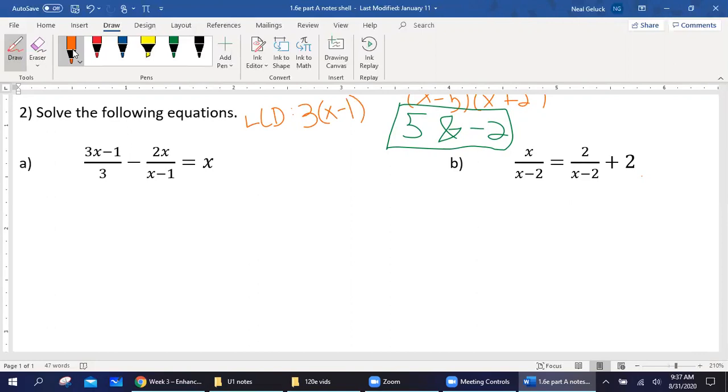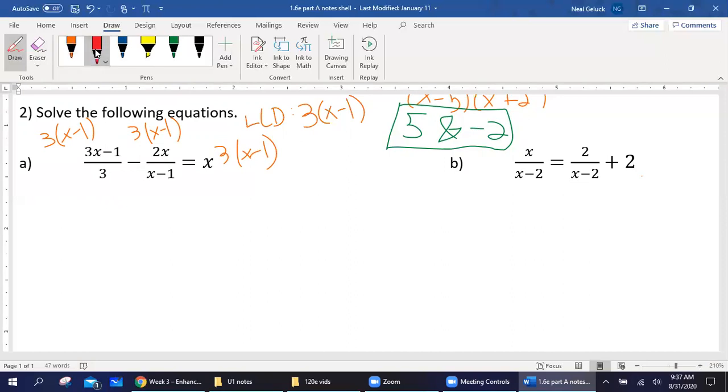Now, a little bit different than when I was just combining, trying to add or subtract fractions, I'm going to multiply everything by the LCD. The idea here is fractions are scary. If I multiply everybody by the least common denominator, all the fractions will reduce out.